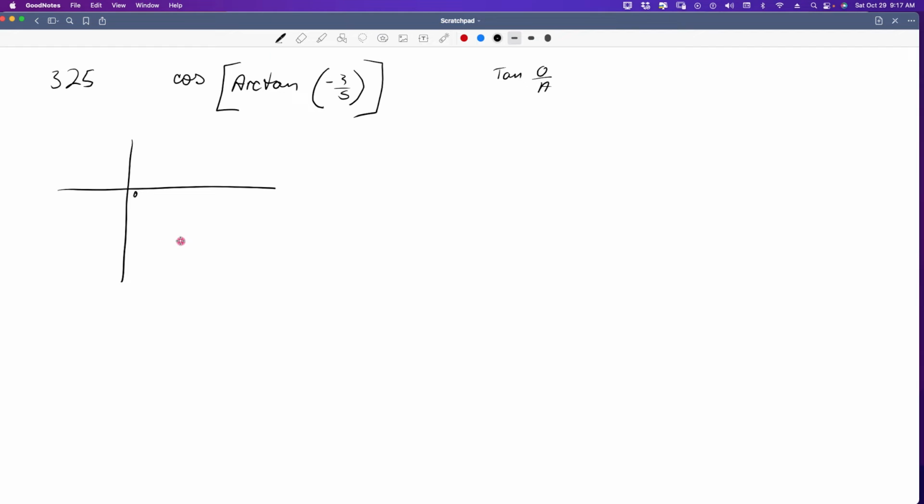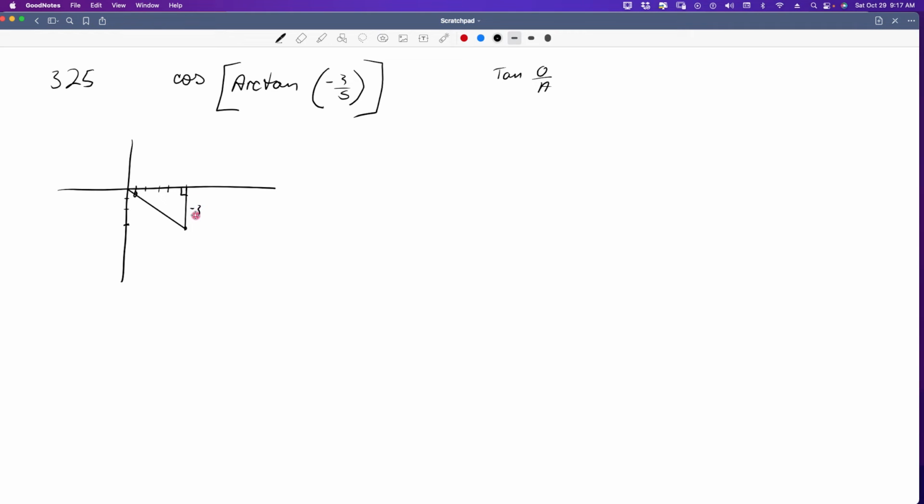So that's going to be down 3: 1, 2, 3. And the adjacent is this side, and it's positive. So that'd be 1, 2, 3, 4, 5. That means it's going to live right there.